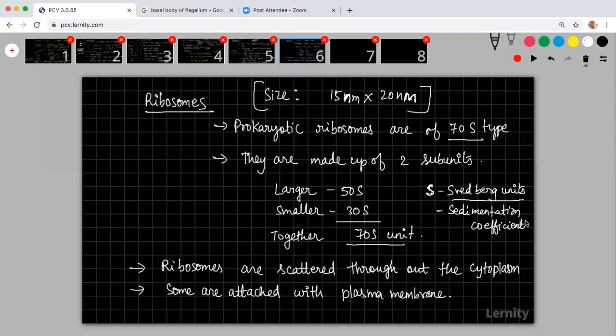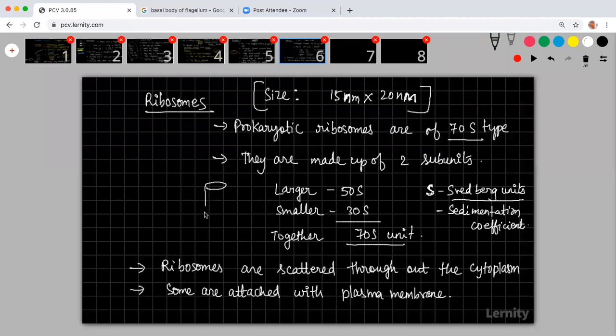Okay, so what this Svedberg is basically indicating is at what level it would sediment. In case I want to isolate anything from a cell, I will try to centrifuge it. What is the meaning of centrifugation?